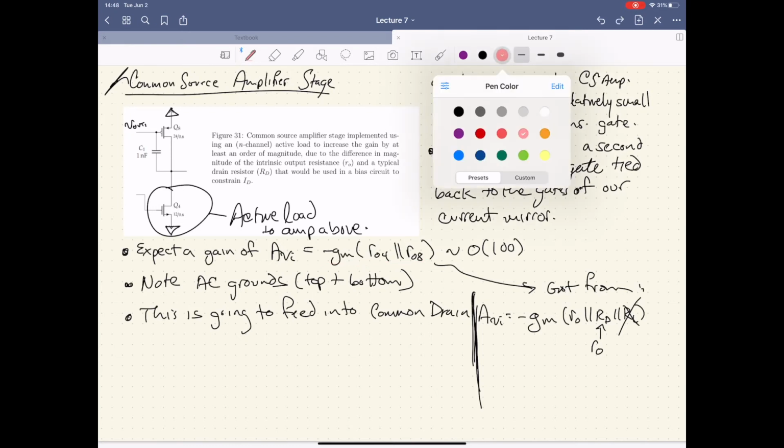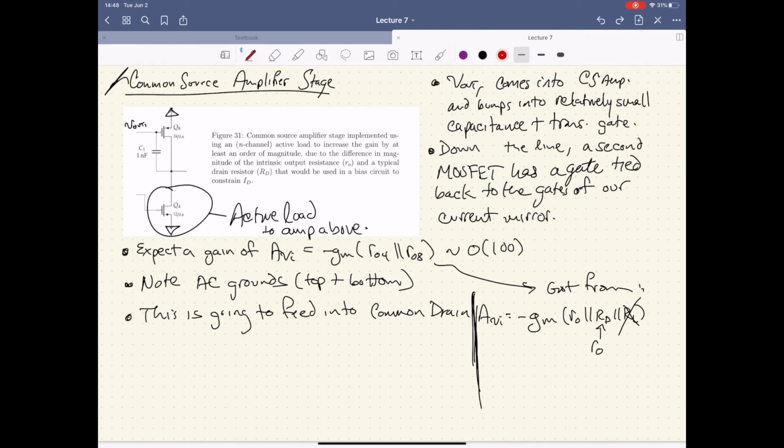And so I think we need a big color for this. Our big takeaway here is that our overall gain is on the order of 10,000 because we're multiplying 100 by 100 there, right?